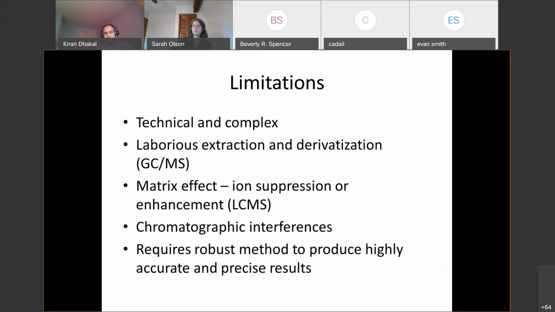And most importantly, for mass spectrometry analysis, this is a laboratory developed test, and the test needs to be well developed, well validated, and very robust. And it is specific to the lab. Each lab has their own method. The quality of their method depends on how robust, how well characterized that method is.